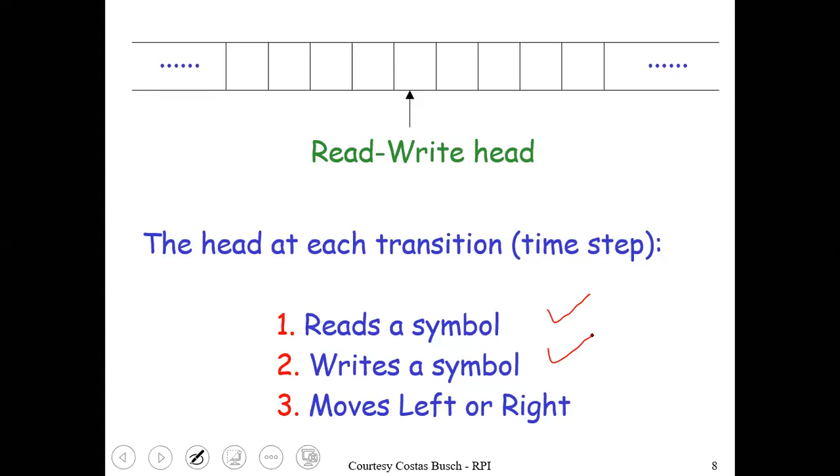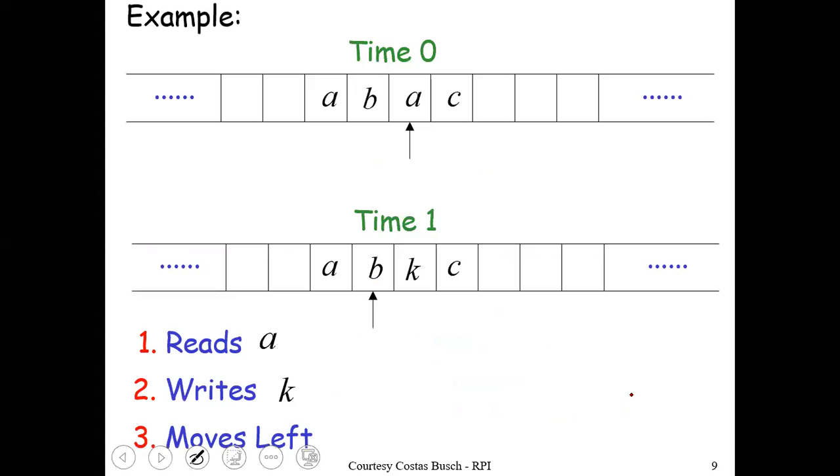Second, write a symbol on the tape. And then move left or right. At one time, it will move either left or right. It cannot move both sides.